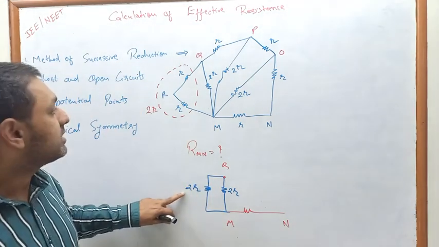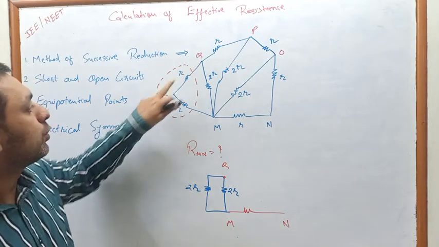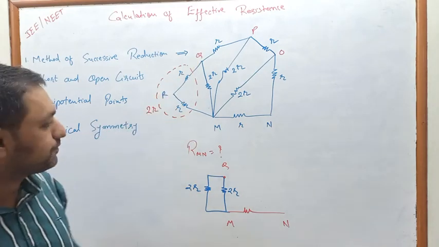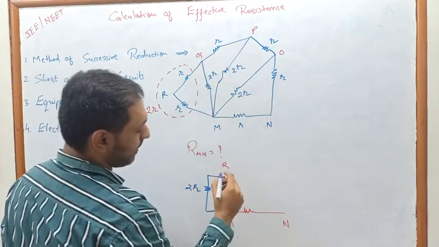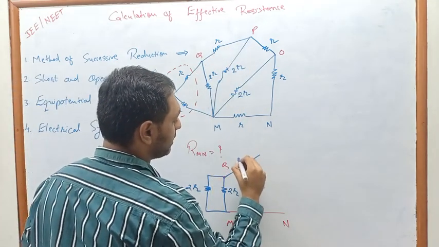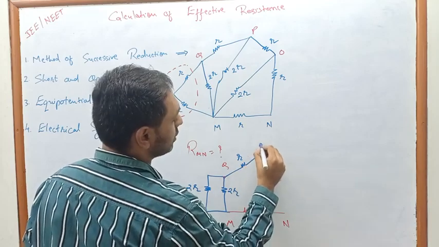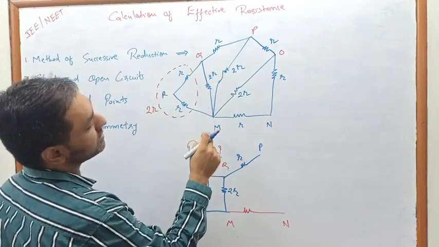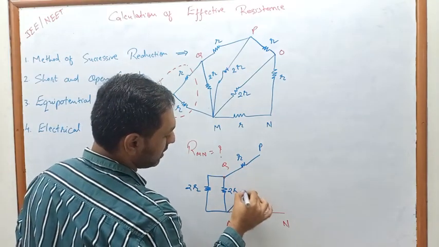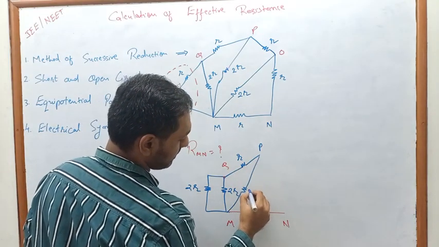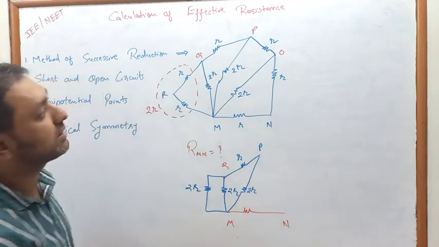This 2R is a resultant of QR and RM. Remaining network: between Q and P you are given R resistance. Now P and M, 2R. So between P and M you are given 2R resistance.